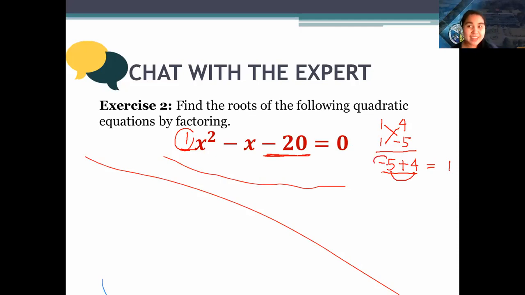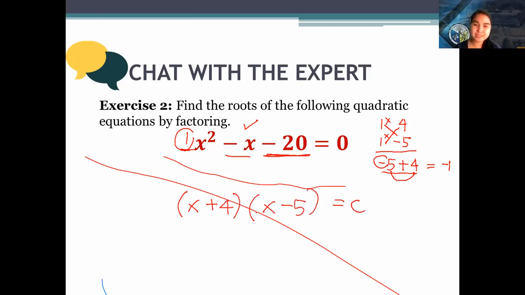Copy the sign of the greater number, -1. So, you look at the middle term. Is it -1? Correct. It's -1. So, write x, write x. Our factors are x plus 4 and x minus 5 equals 0.